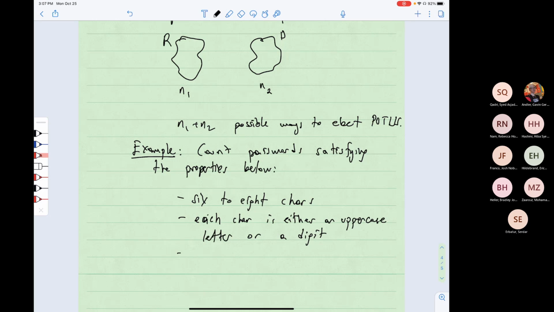And it must contain at least one digit. Right? These are the properties of a valid password. And we want to count the number of passwords that satisfy these conditions.